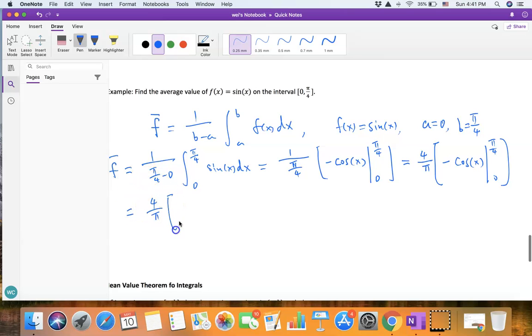So this equals negative cosine of pi over 4 minus negative cosine of 0. Cosine of pi over 4 is the square root of 2 over 2, so this is minus square root of 2 over 2.